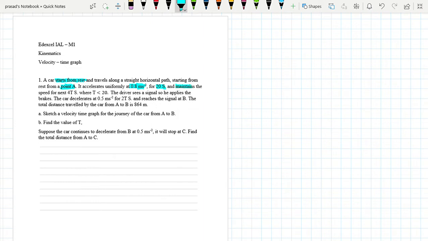It maintains the speed for the next 40 seconds, where it is given that t is less than 20.